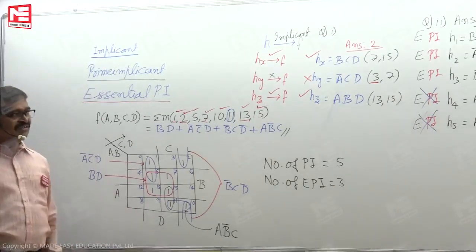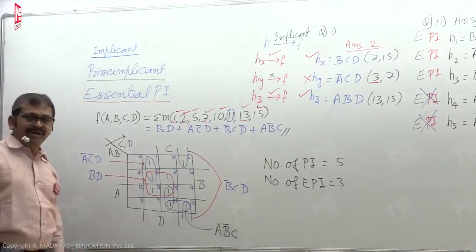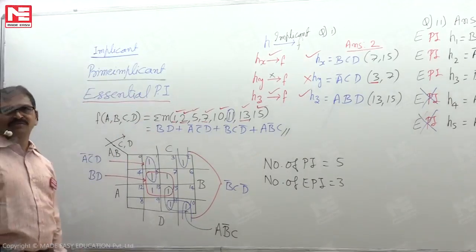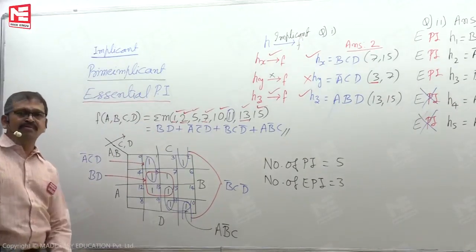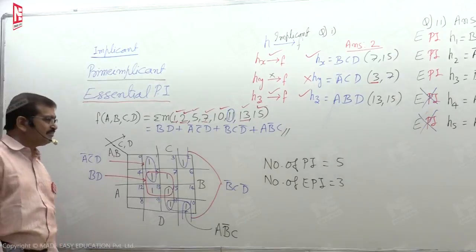With all this knowledge, we are now discussing how to write the minimal expressions. This is the correct approach for reading all possible minimal expressions, not zigzag, not randomly.